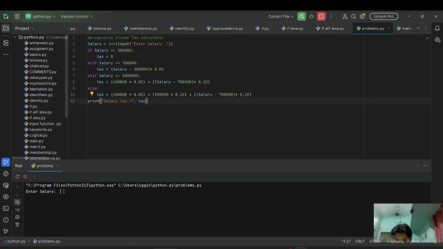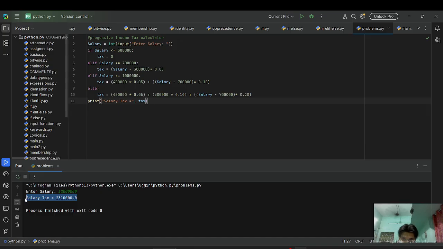If I enter here 12 lakhs, then after entering this, yes. So let's see this.